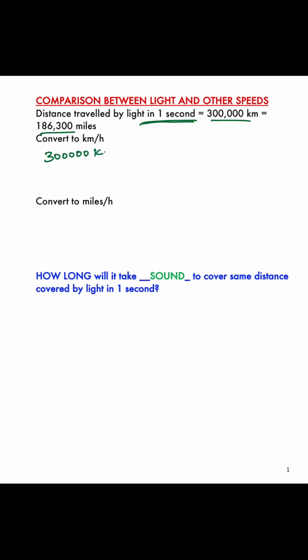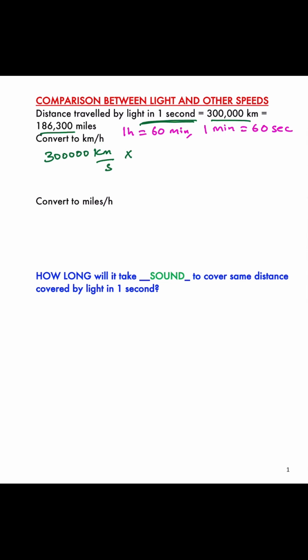300,000 kilometers per second, and then times, we know that 1 hour equals 60 minutes, 1 minute equals 60 seconds. We're going to use these as the conversion factors.